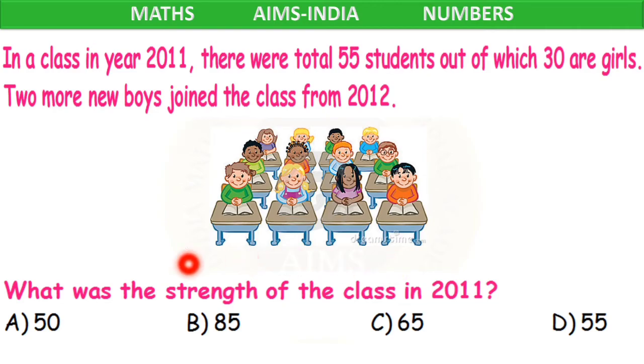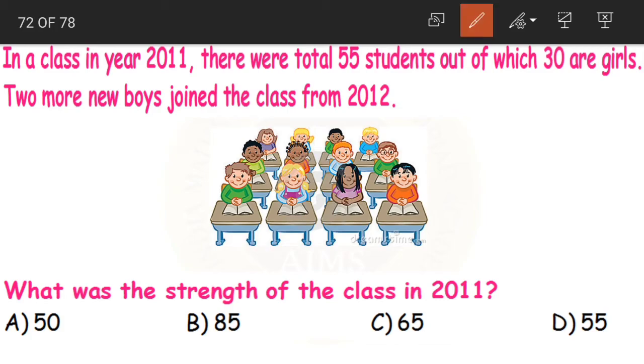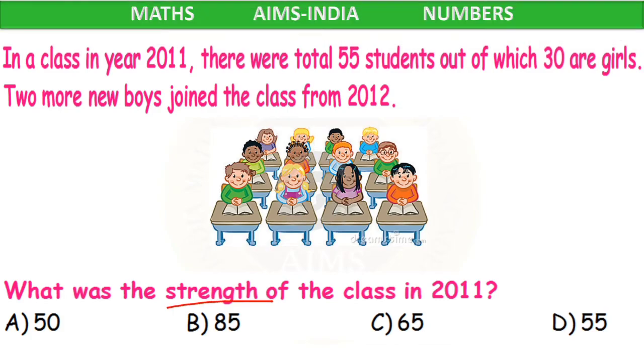Next, again, what was the strength of the class in 2011? What does the strength mean here? Does that mean our strength, our ability to lift objects? No. What this means is the total number of students in the class. That is called the strength.